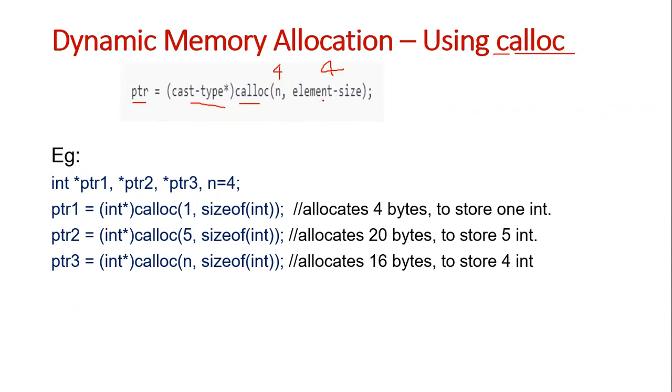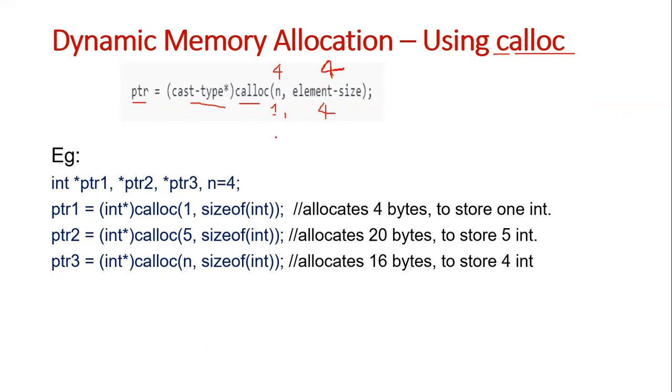Here element size represents what type of value you want to store. So element size is 4 for integer. So this is used to allocate memory for storing 4 integers. If you want to allocate memory for storing only one integer, then you give 1 comma 4.